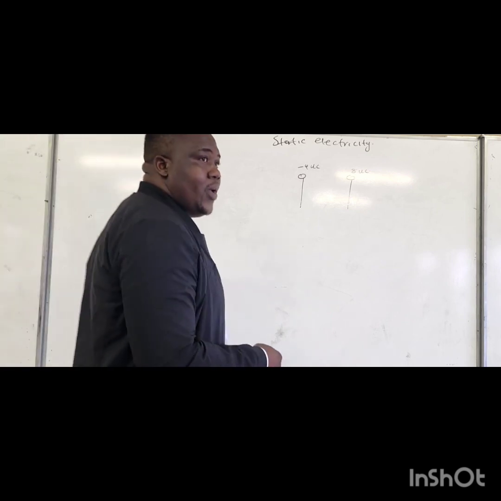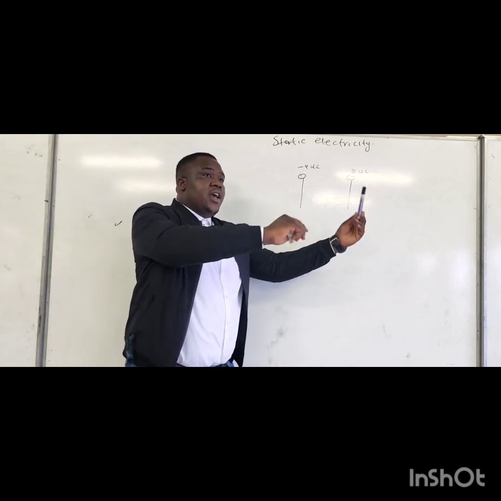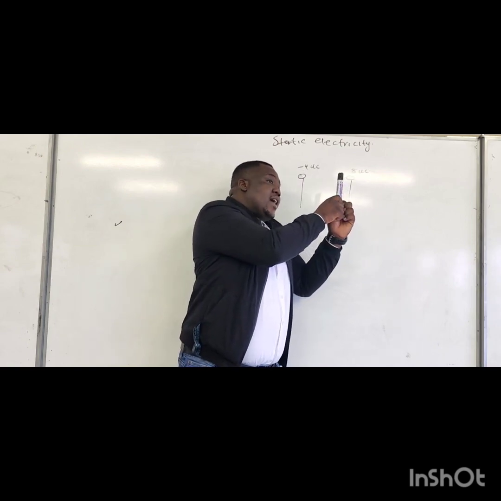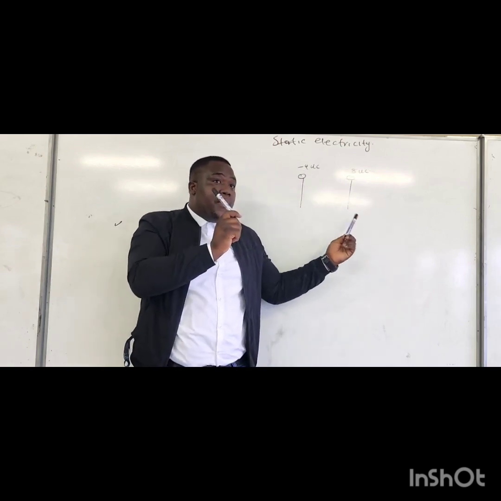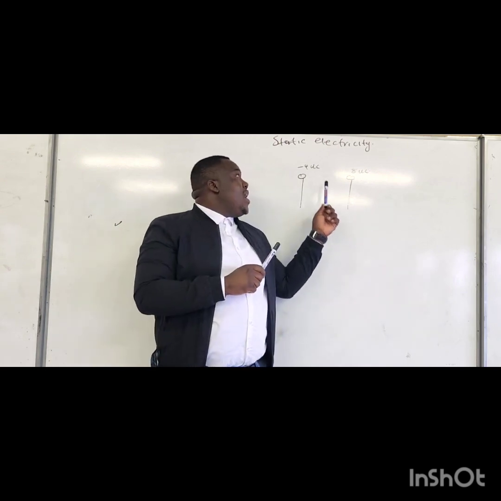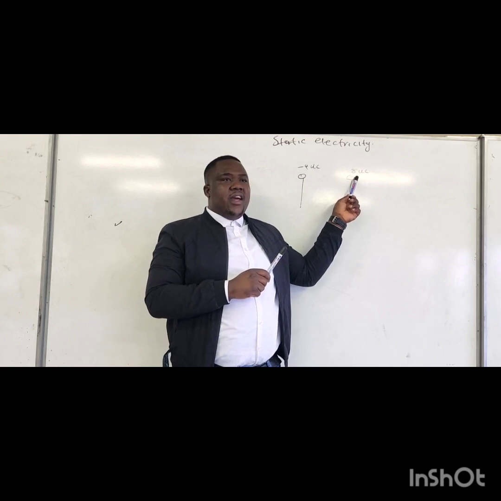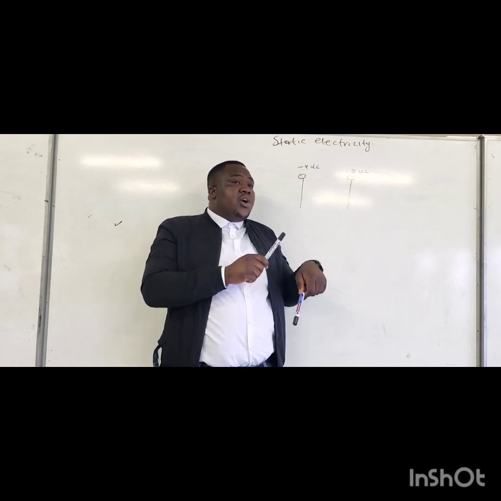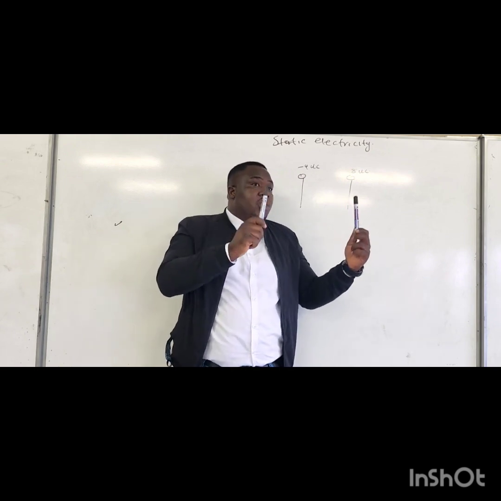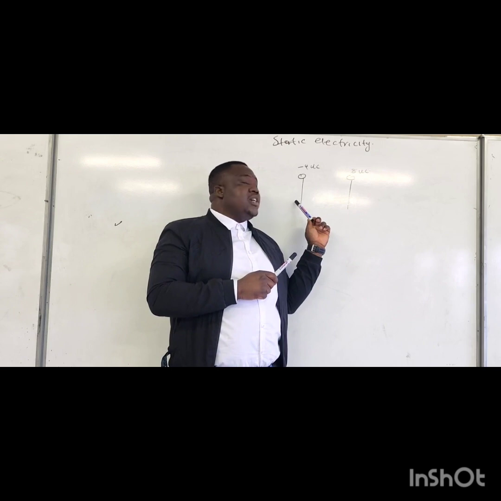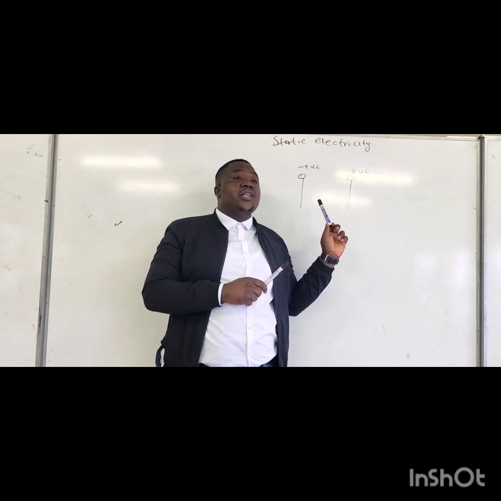What I'm bringing home is that after separation, we will no longer have -4 and 8. We will have a number which I will show you how we get. But what you need to know is that the charge that will be here will be equal to the charge that will be here after separation.